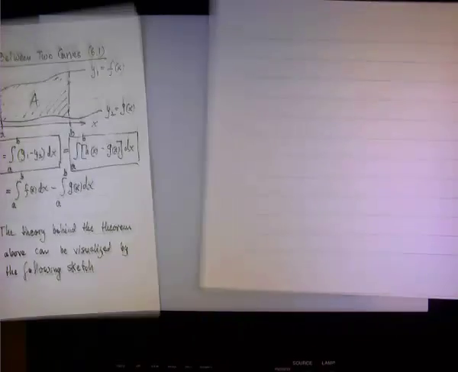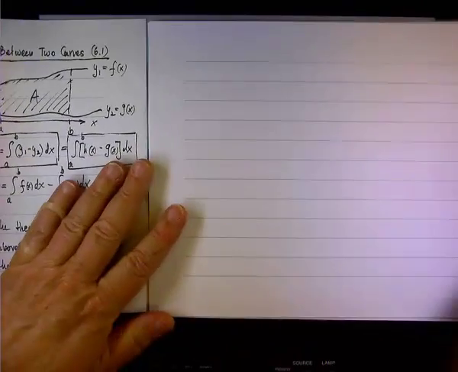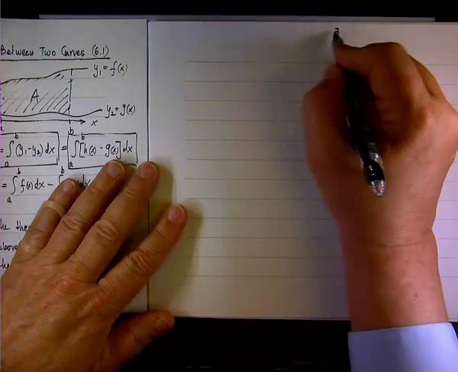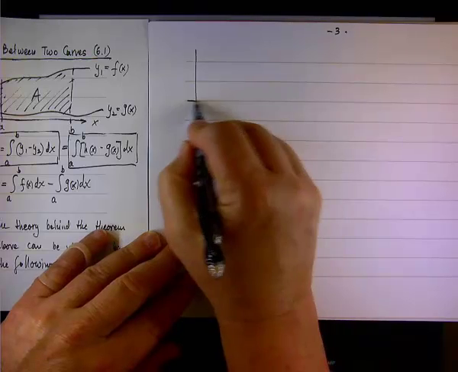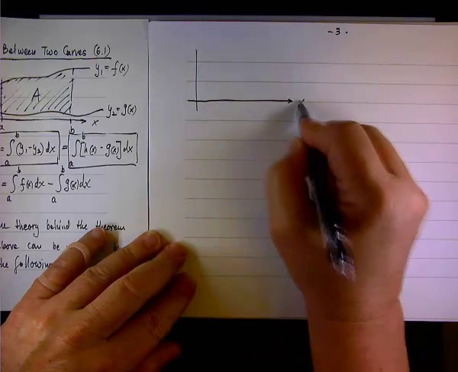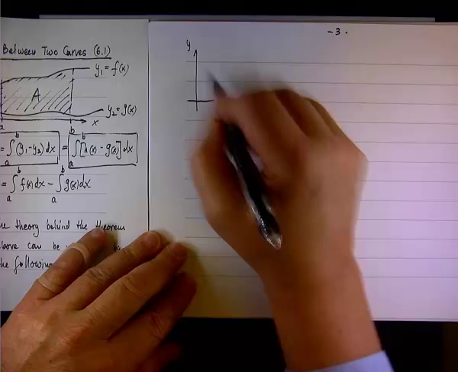Okay, so this will be on the next page, and let me show what I mean by that. So here we go. We'll draw another similar sketch to what I had before.